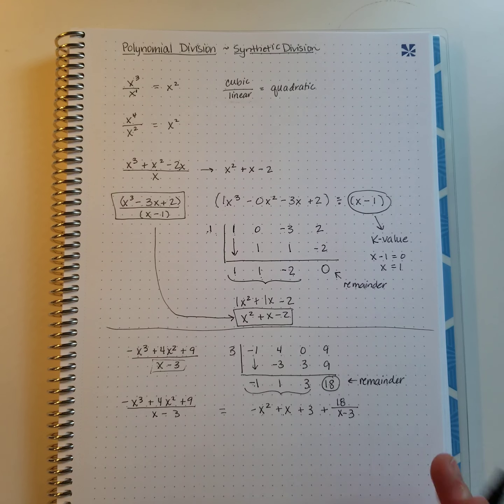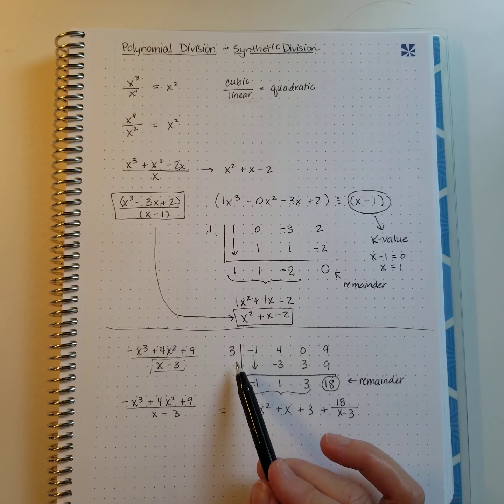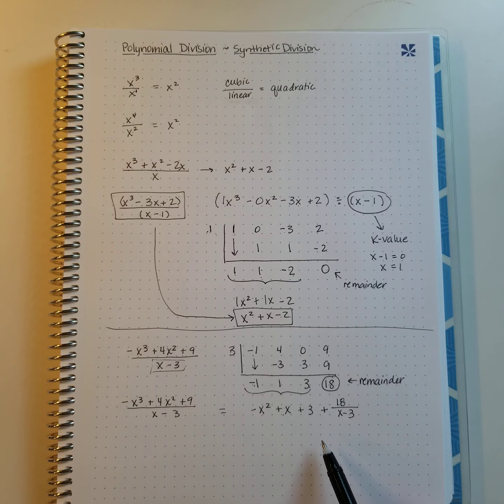Okay, so these are the operations for synthetic division, but there's more to it than this. There's something else we do to expand upon our use of synthetic division. The situation we just did, we can also use for something called evaluating a polynomial.